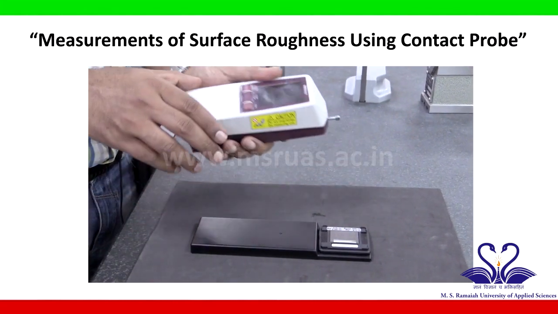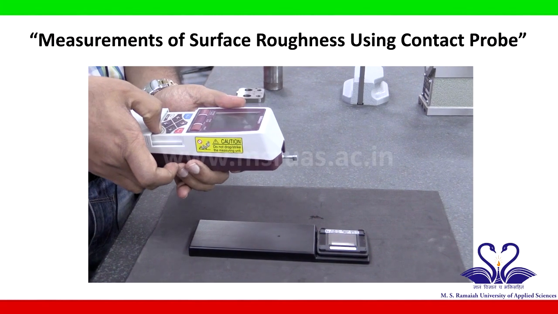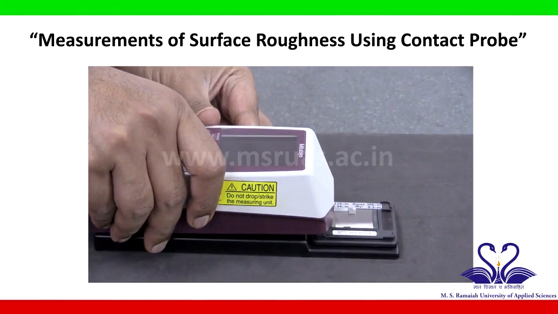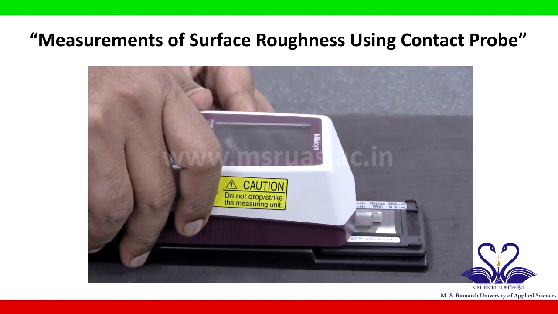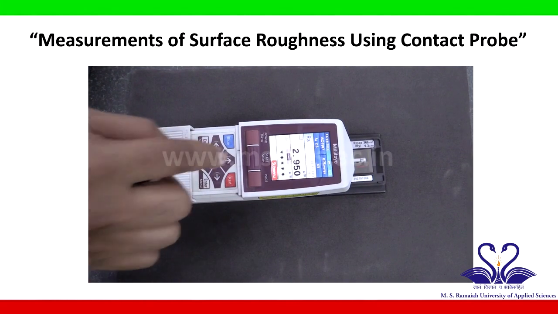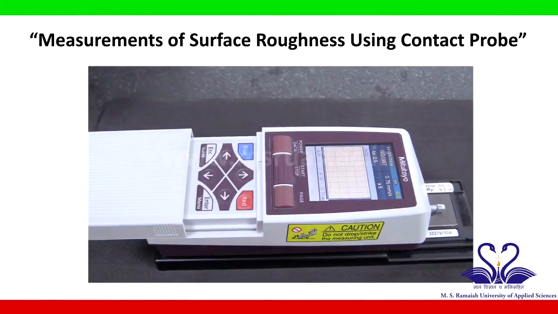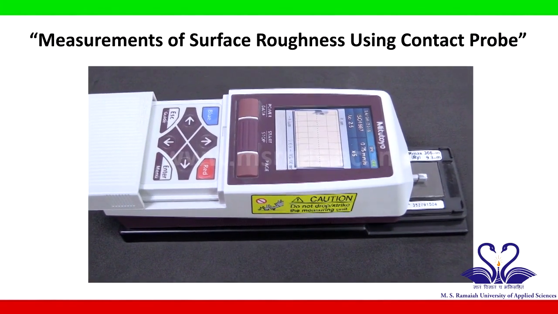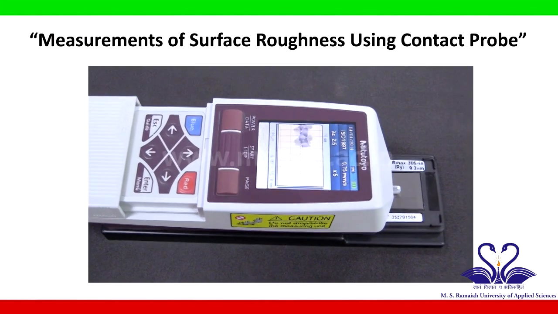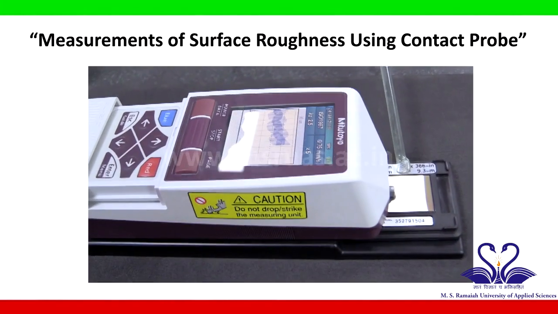The next step is placing the instrument so that you can start calibrating. Now let us calibrate. I am using the start and stop button for calibration. Now you can see the display and the surface roughness being measured, and also the contact probe coming back or tracing back.